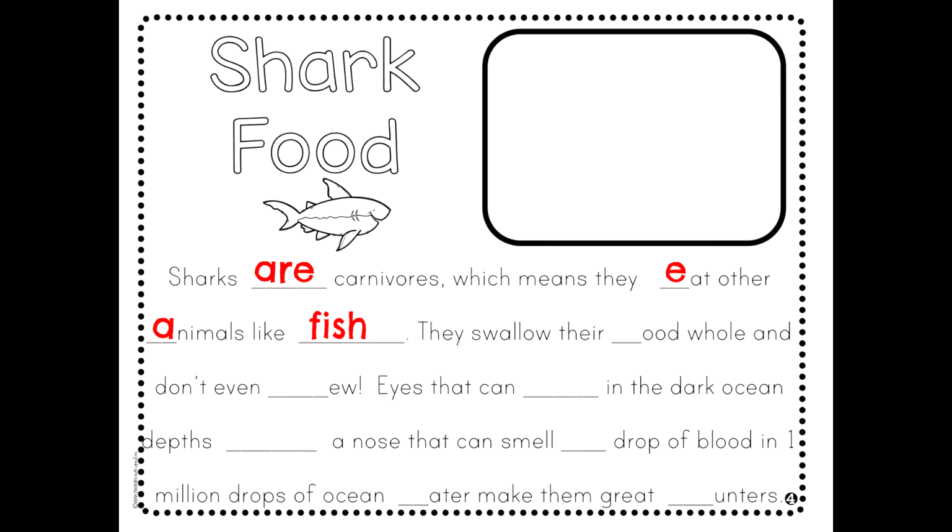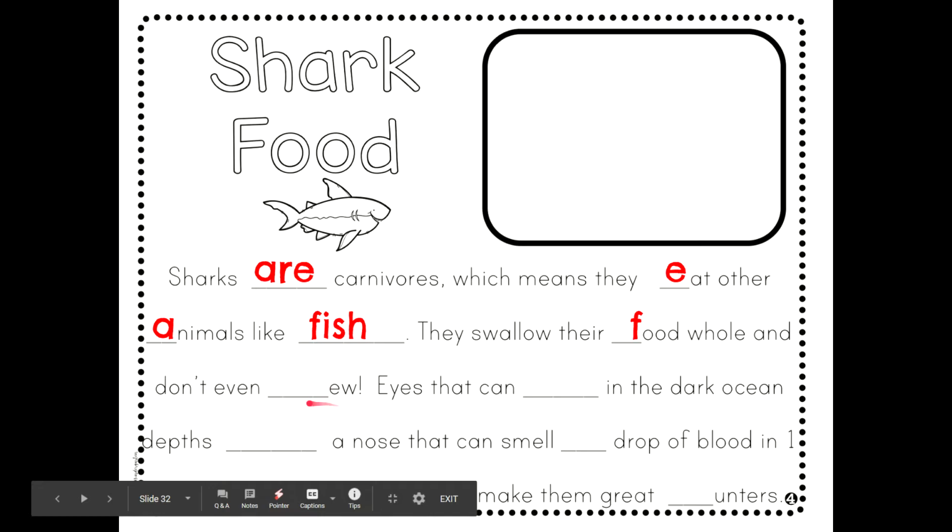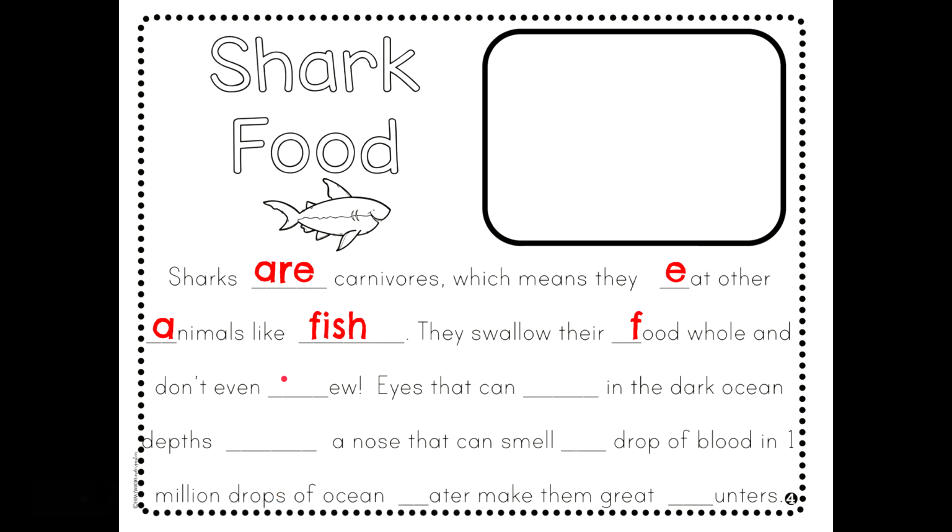They swallow their food. What do you think is going to go in front of ood to make it into food? F. Good job. They swallow their food whole and don't even chew. Chew. What do you think needs to go in front of ew to make it into chew?